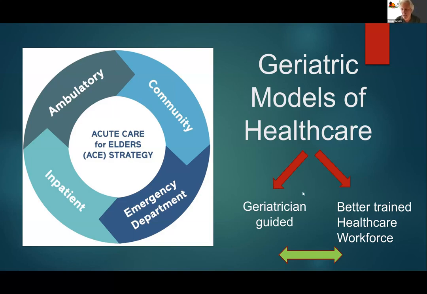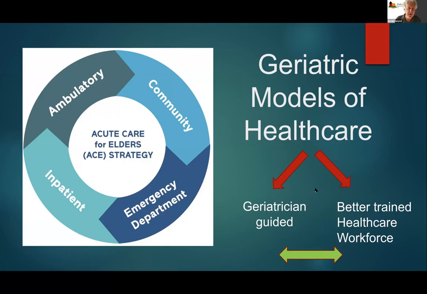So that leads to the right-hand arrow here, which really is to try to better train the healthcare workforce in competent geriatric healthcare. And so I've got this green arrow going in both directions to show that the collaboration between geriatricians and the healthcare workforce is really so important for moving this forward.